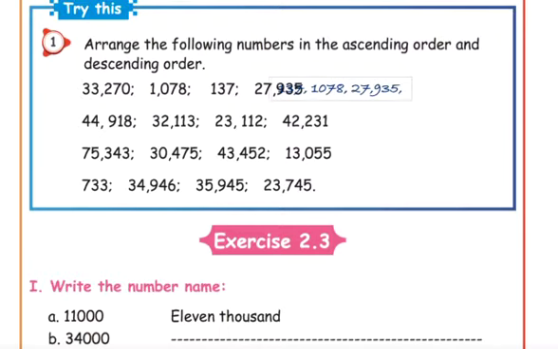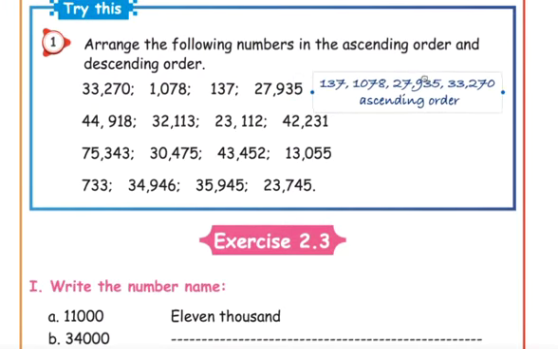Then 33,270. Okay, this order becomes ascending order. Ascending, am I correct? Yeah, spelling is ASCENDING. Okay, it's still not getting enough space, but let's do it this way. This is ascending order for the top one.